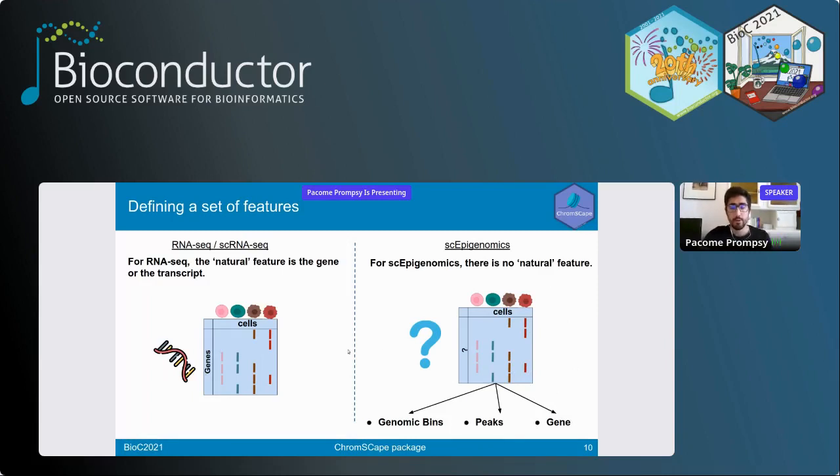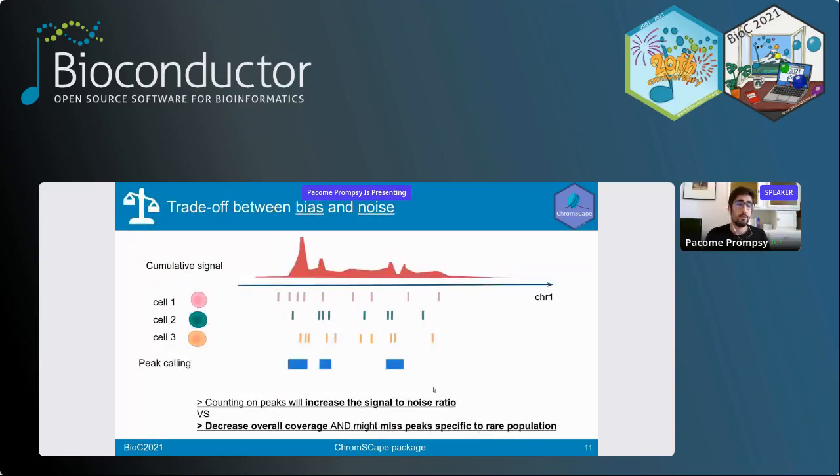And actually, there is no consensus on what feature to choose, and ChromSCape allows you to count on any of these features. And I want to stress that there is a trade-off that the user has to make.